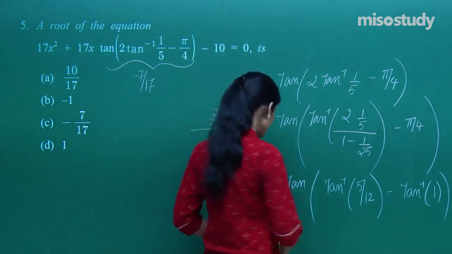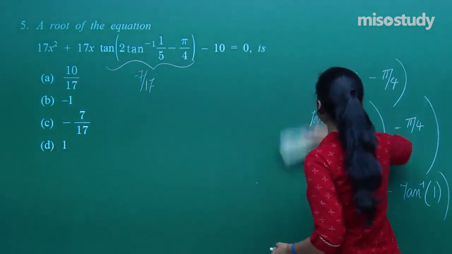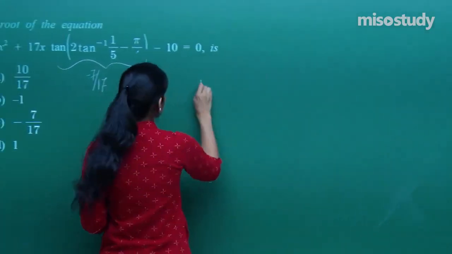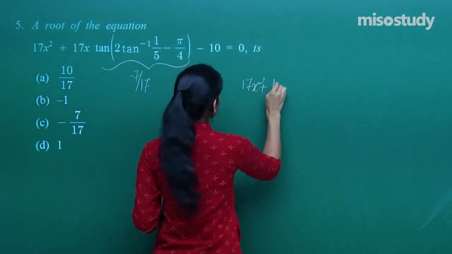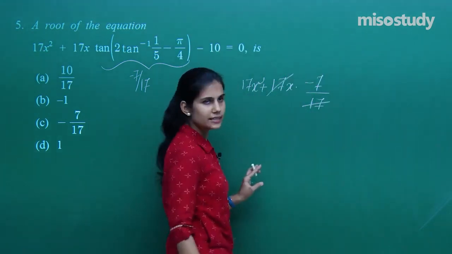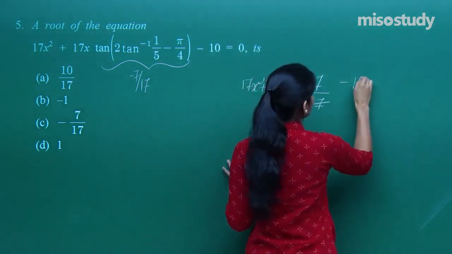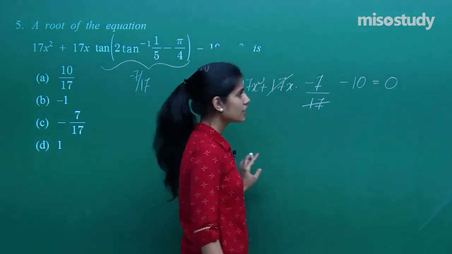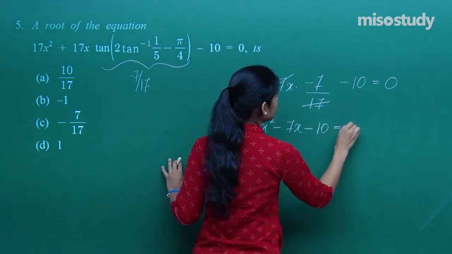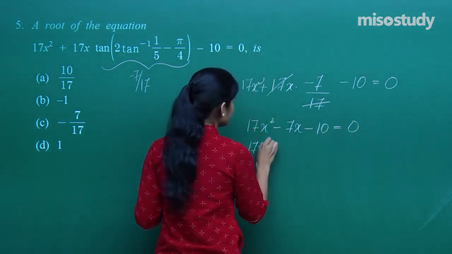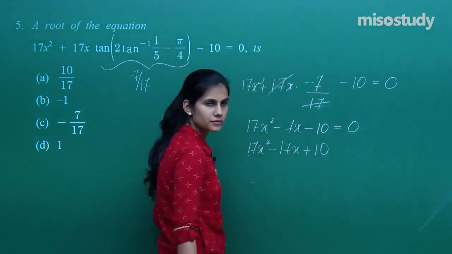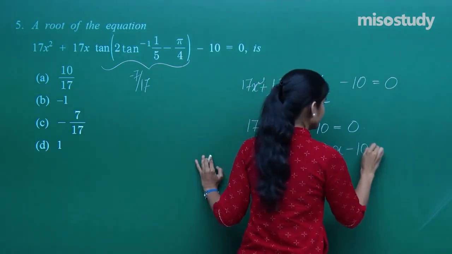The moment we have resolved this, life is very simple for us now. Why? Let's see. Now I have 17x square plus 17x into minus 7 by 17, which leads me to cancel this, minus 10 equals 0. So you have 17x square minus 7x minus 10 is 0. You can write this as 17x square minus 17x plus 10x minus 10 equals 0.